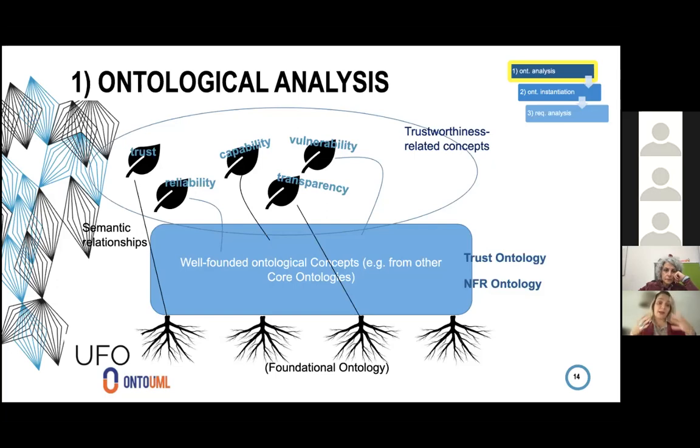So we can already profit from pre-existing and established works. In our case, we connected two existing ontologies. One is a trust ontology, and the other one is an ontology that we made in a previous work about NFRs, in which we characterize the NFRs.